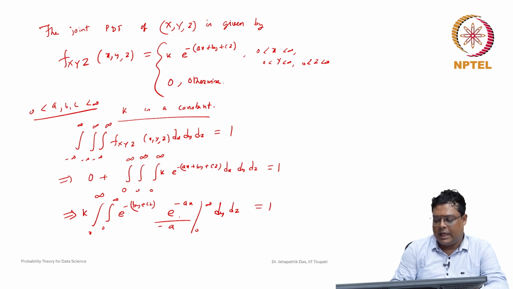So this is 1 by a. Which implies this is k by a into the remaining e to the power of minus (by plus cz) dy dz, equal to 1.